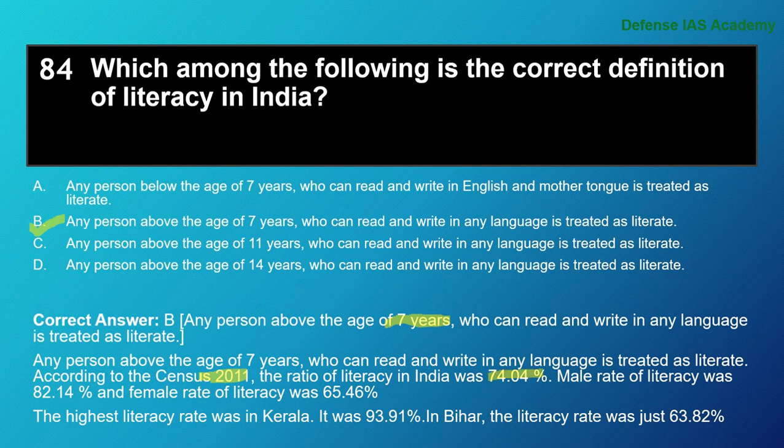Any person above the age of 7 years who can read and write is called literate. According to the census of 2011, the ratio of literacy in India was 74.04 percentage. Male rate of literacy was 82.1 percentage, and the female rate of literacy was 65.46 percentage.